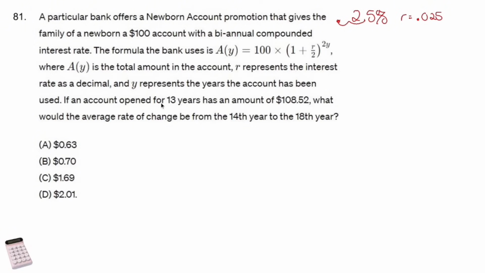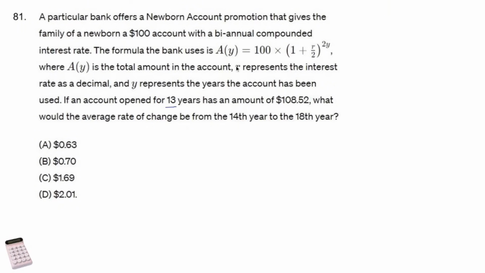If an account opened for 13 years has the amount of $108.52, what would the average rate of change be from the 14th year to the 18th year? This is going to be a nightmare, but I'm here to guide you. First things first, I don't know what R is, but in this part, I can take Y. Y is 13.